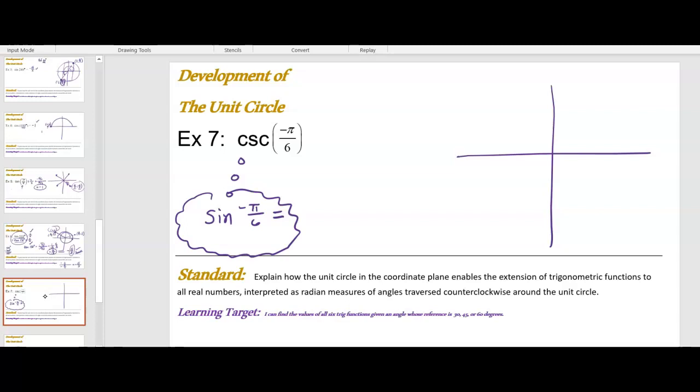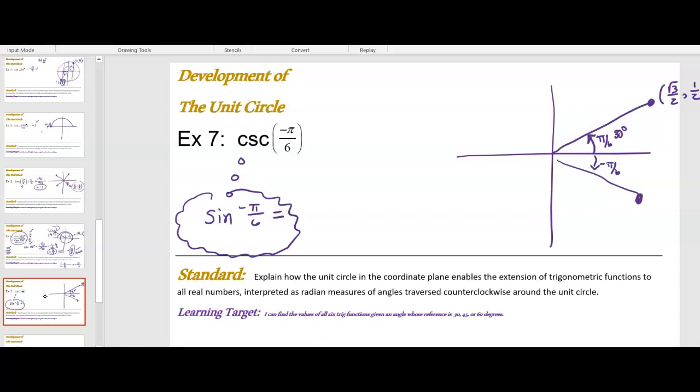So cosecant is simply a one extra step sine problem in my mind. So negative pi over 6. So pi over 6 is here, or 30 degrees. So negative pi over 6 is here. So just to remind you, you can convert negative pi over 6. You can add 2 pi and make it positive. That's fine. But if I know where pi over 6 is, I can easily find negative pi over 6.